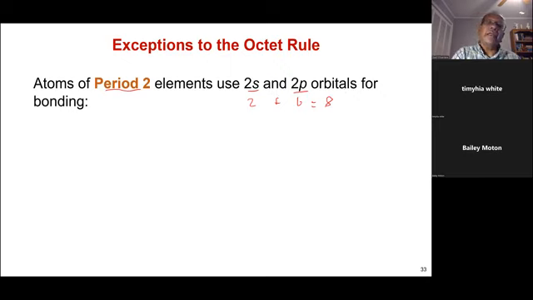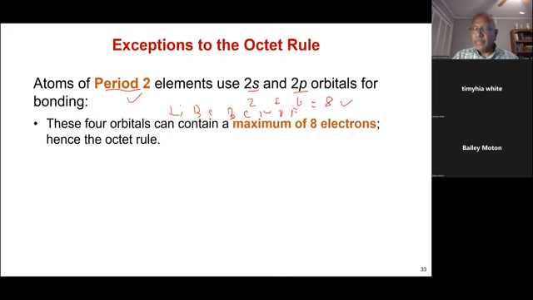For period 2, it's lithium, beryllium, boron, carbon, nitrogen, oxygen, fluorine. These elements always have 8 electrons. There's no exception. It obeys the octet rule. They have a maximum of 8 electrons.